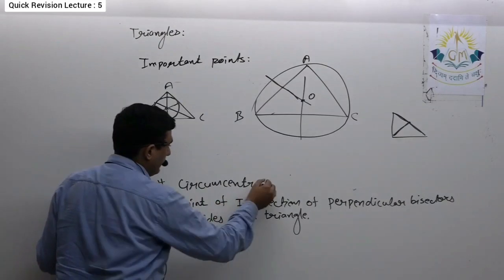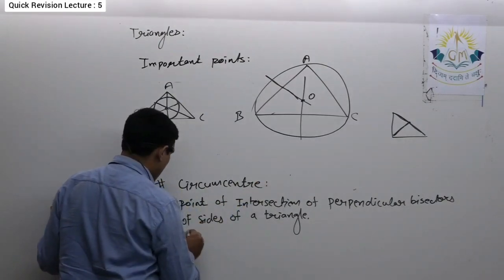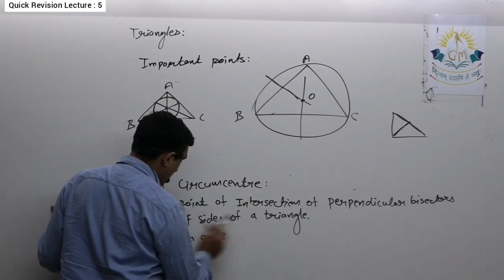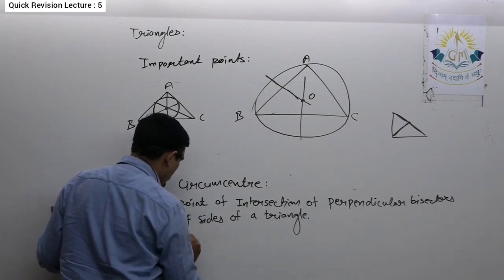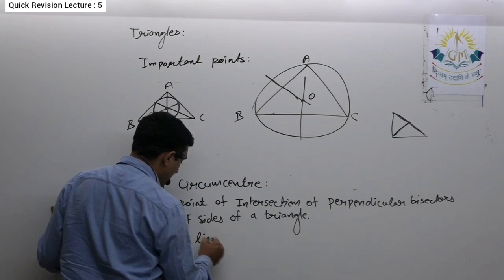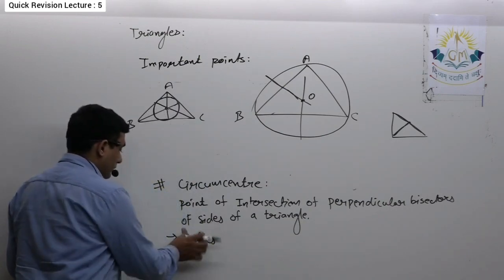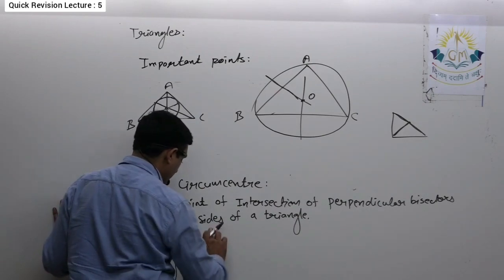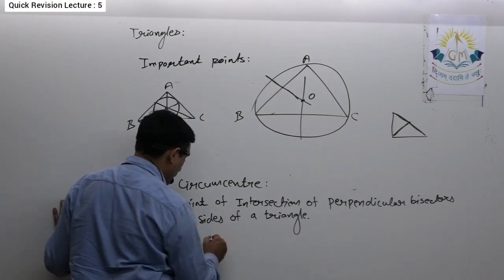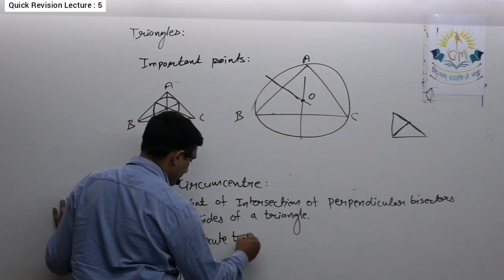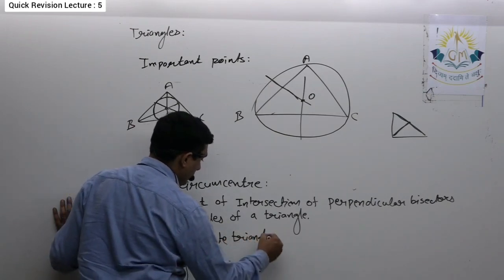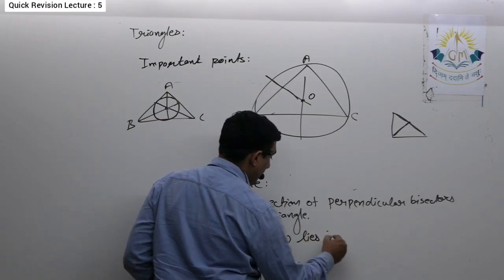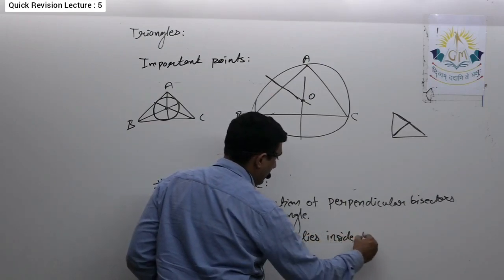Circumcenter: in an acute triangle, O lies inside the triangle.